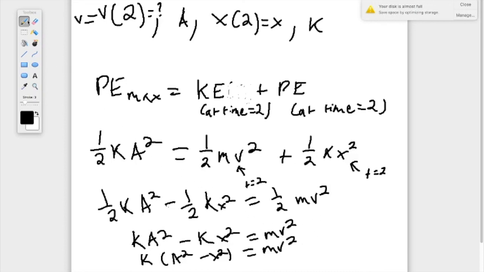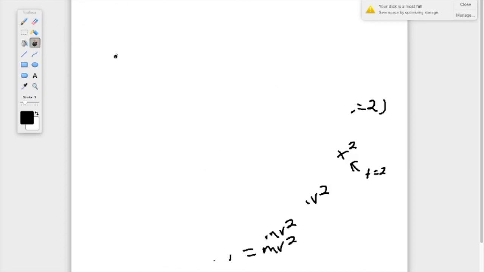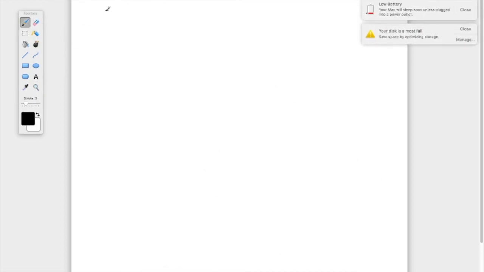All right, and I'm going to rewrite this. So k times A squared minus x squared equals m v squared.